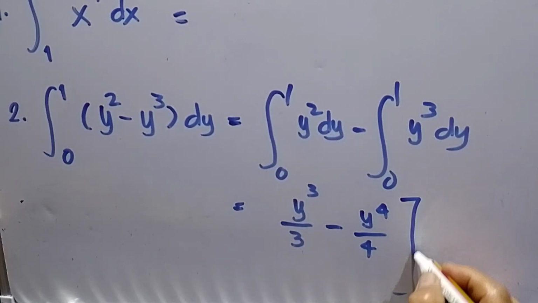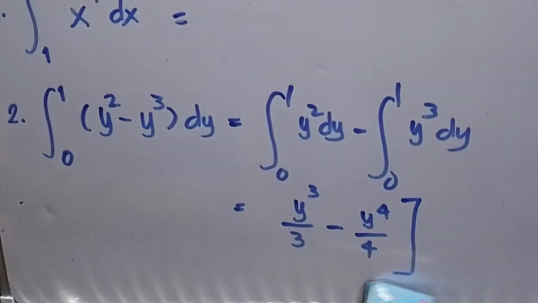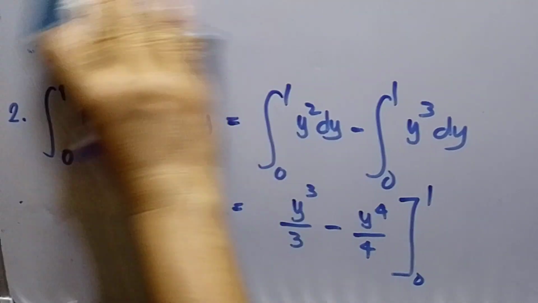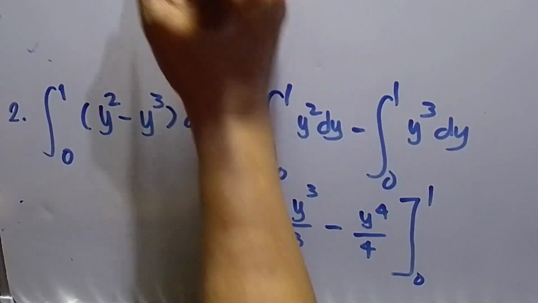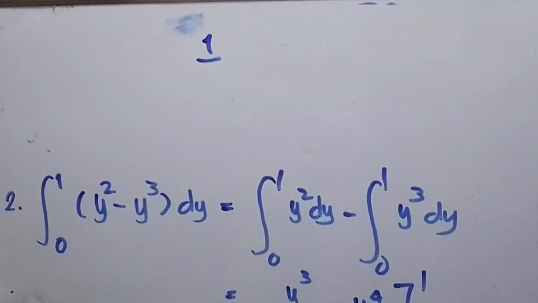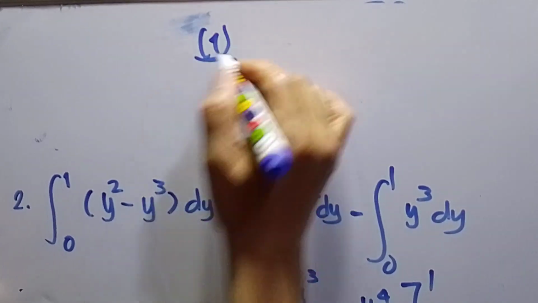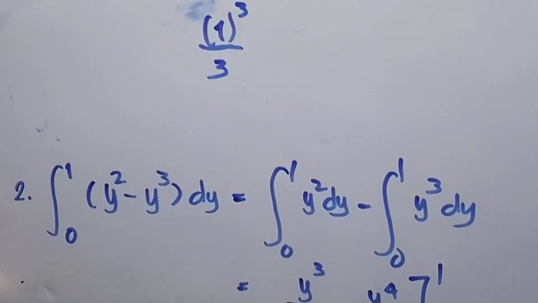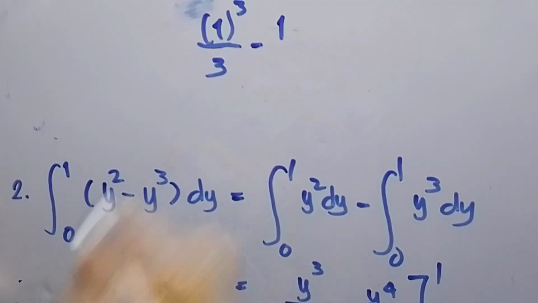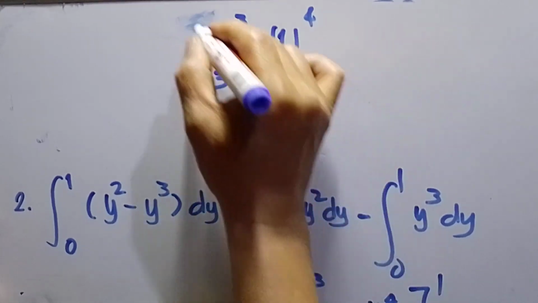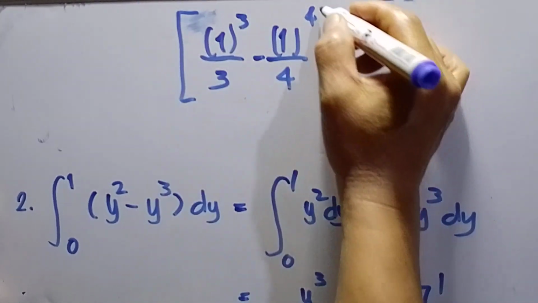And then write the interval from 0 to 1. We start with 1 raised to the power of 3 over 3, then minus y raised to the power of 4 over 4, in square brackets.